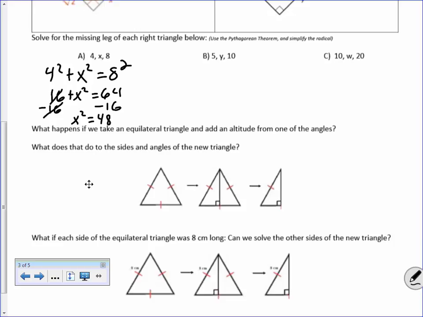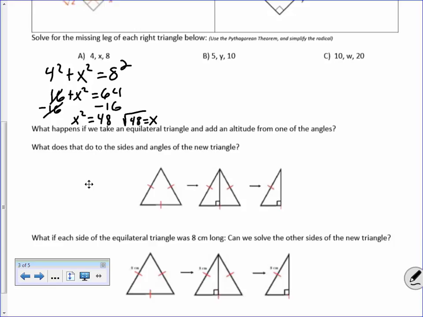Okay. Then we would have to take the square root of 48. So x is just going to be equal to the square root of 48. And again, okay, we have a radical. Always assume we need to simplify the radical.